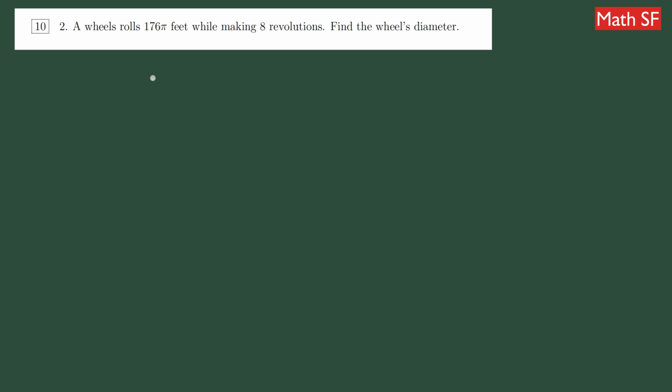Well, whenever we're talking about distance and revolutions, recall this formula: the number of revolutions times the circumference of a circle is equal to the distance.